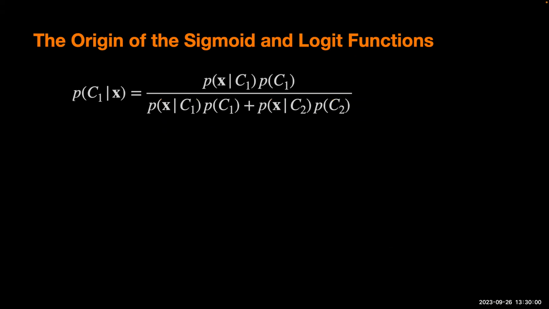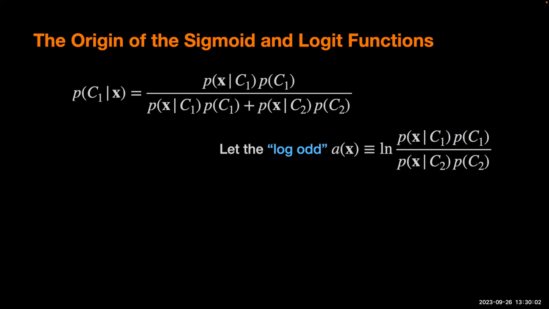So if I now look at this form, if I further define what the old people call odds. So the odds is just the terms inside here. What it's asking is: what is the chance that I will observe X given that X belongs to C1, versus the chance that I observe X given that it belongs to C2?